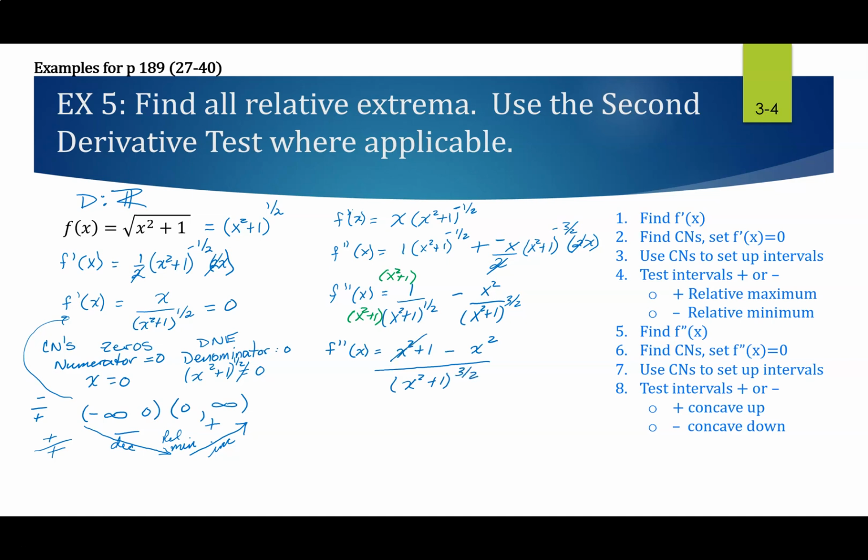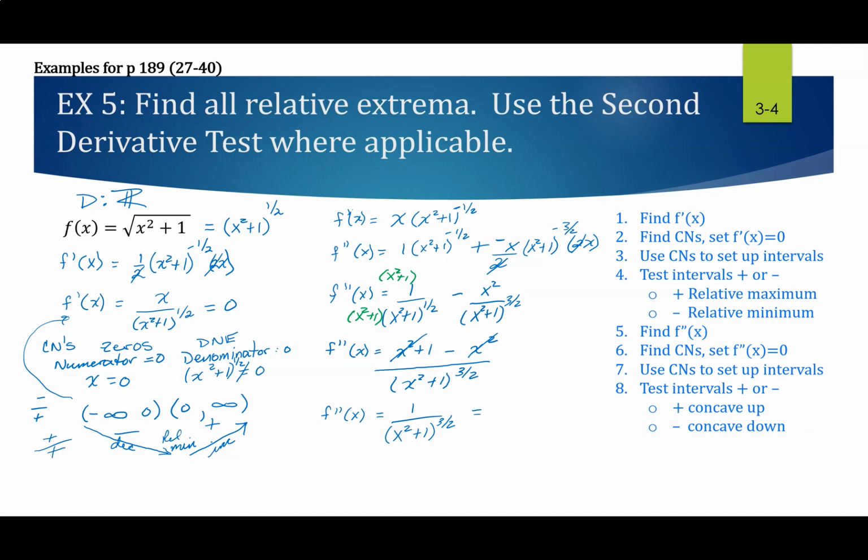So the x squareds cancel. Isn't that nice? And I have a 1 over x squared plus 1 to the 3/2.